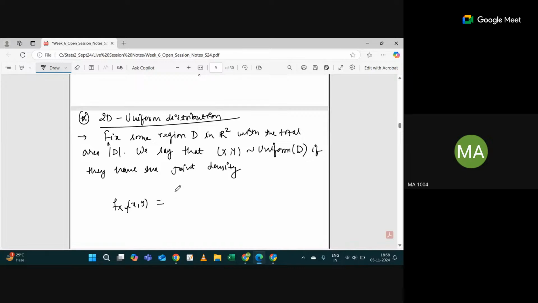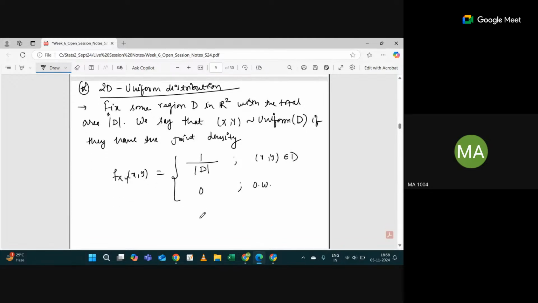How will you find f(x,y)? It is 1 upon modulus of D, for x,y in that particular region D, and it will take value 0 otherwise.